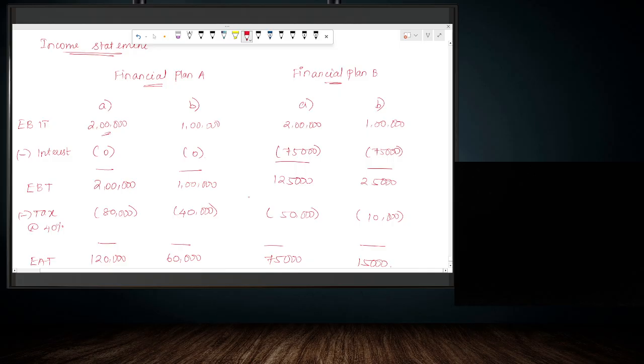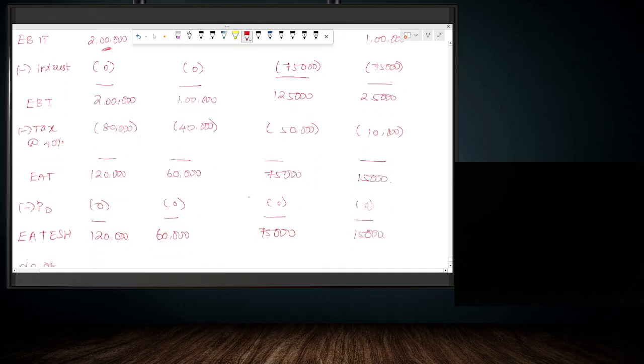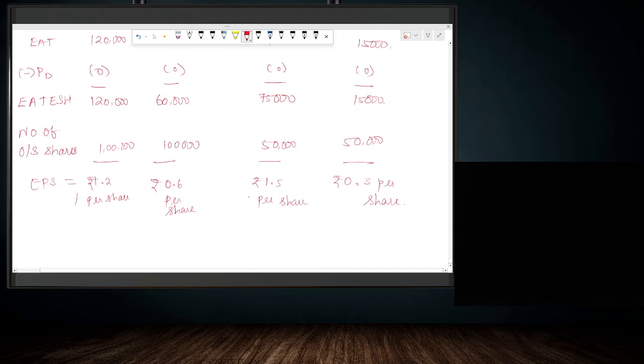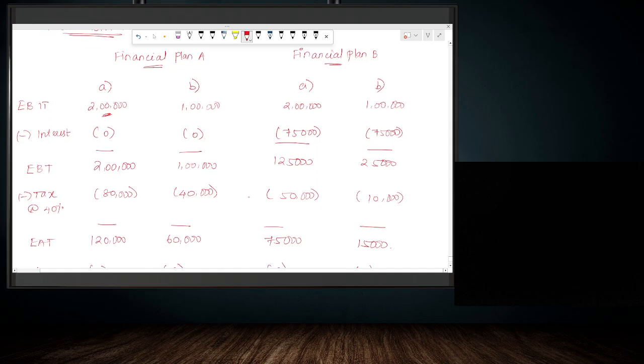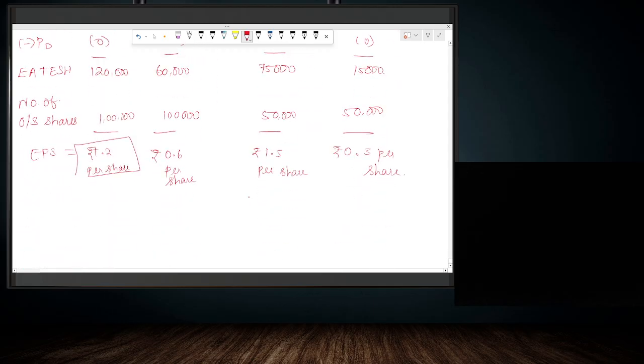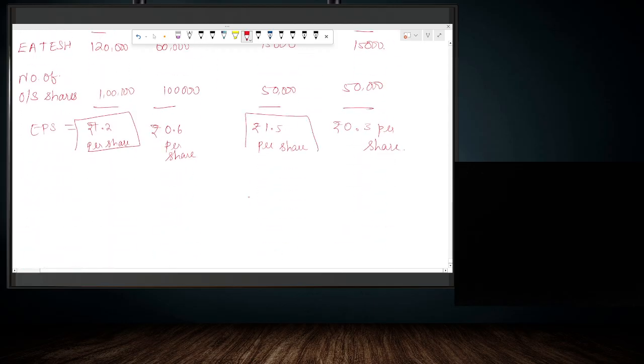Because when your EBIT is equal to 2 lakh rupees, EPS under plan A is only 1.2 rupees per share, but under plan B it is rupees 1.5 per share. So you will obviously choose financial plan B over financial plan A, because EPS is higher.